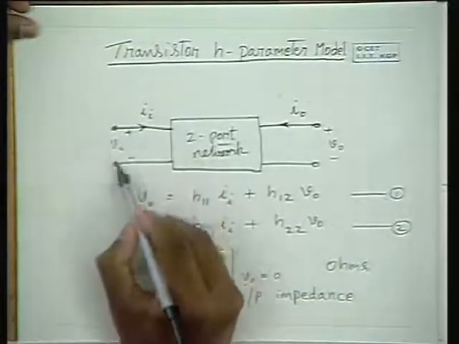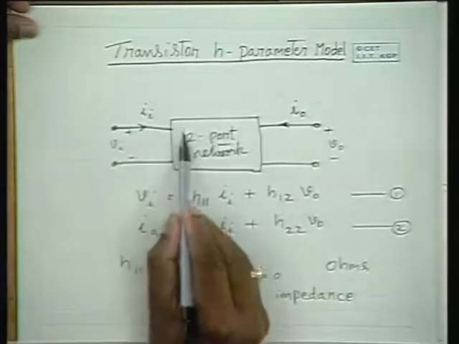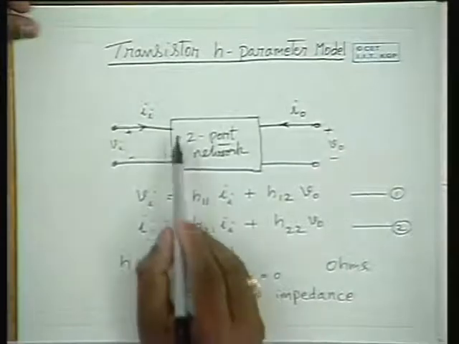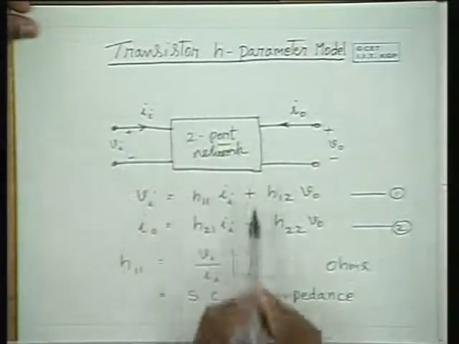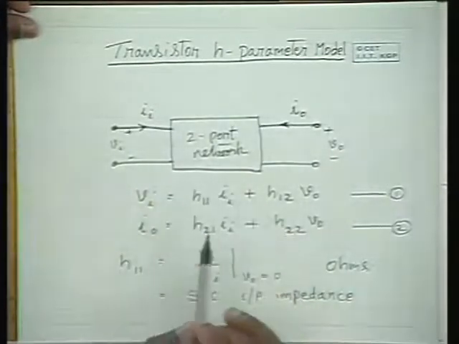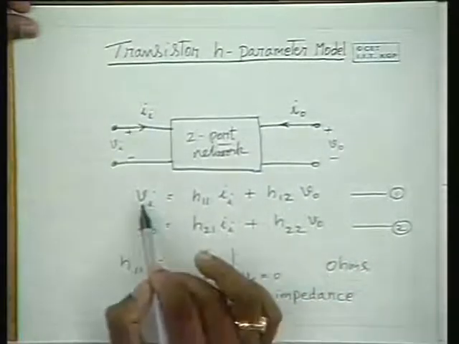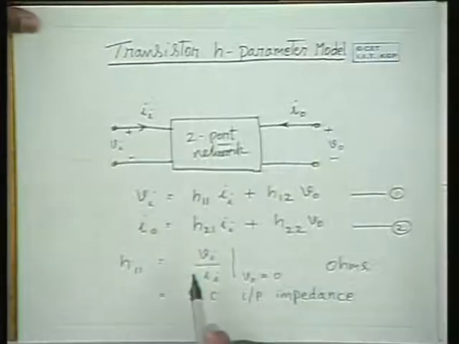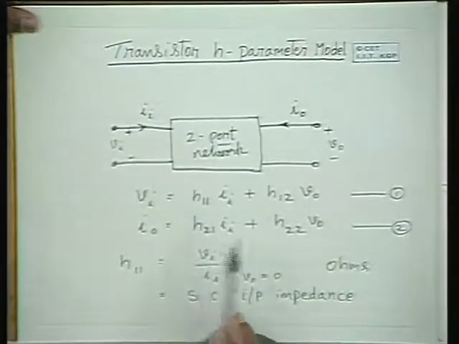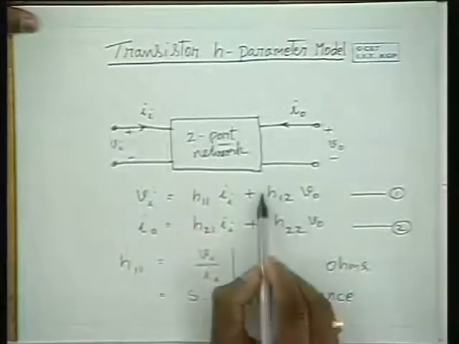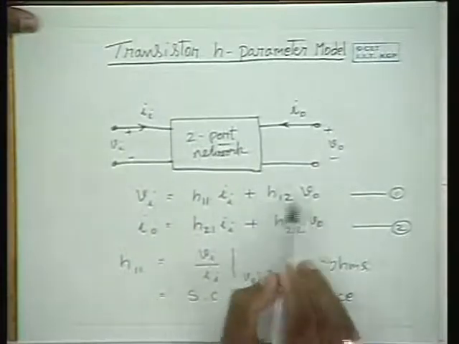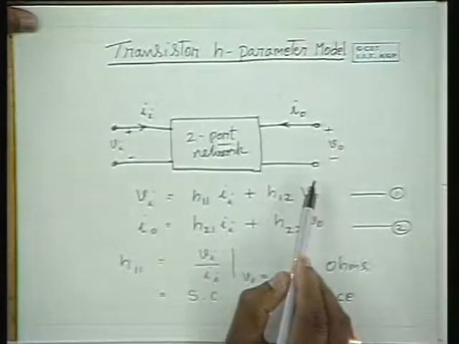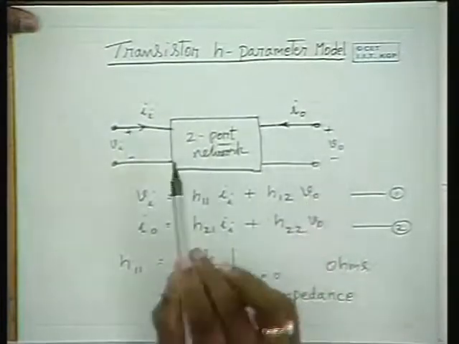That means between these two terminals you have a resistance and a voltage source in series, and these two appear across the terminals Vi. Nothing else comes into the picture, and the only difference is that the voltage of this voltage source depends on the output voltage. It is a voltage dependent voltage source.